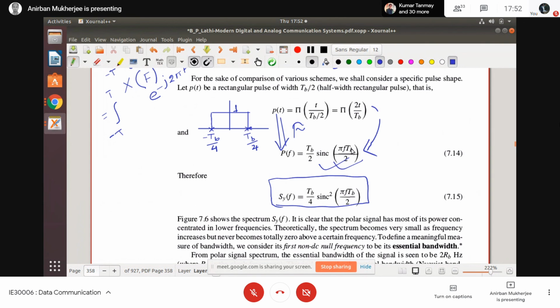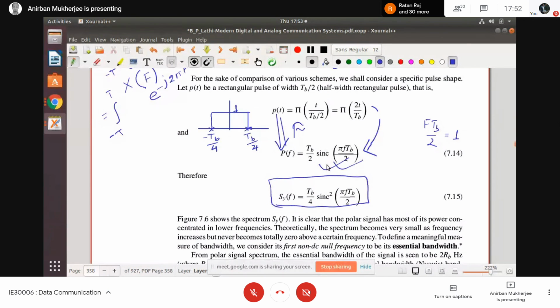Now, when f Tb by 2 equal to 1, then what about this term?